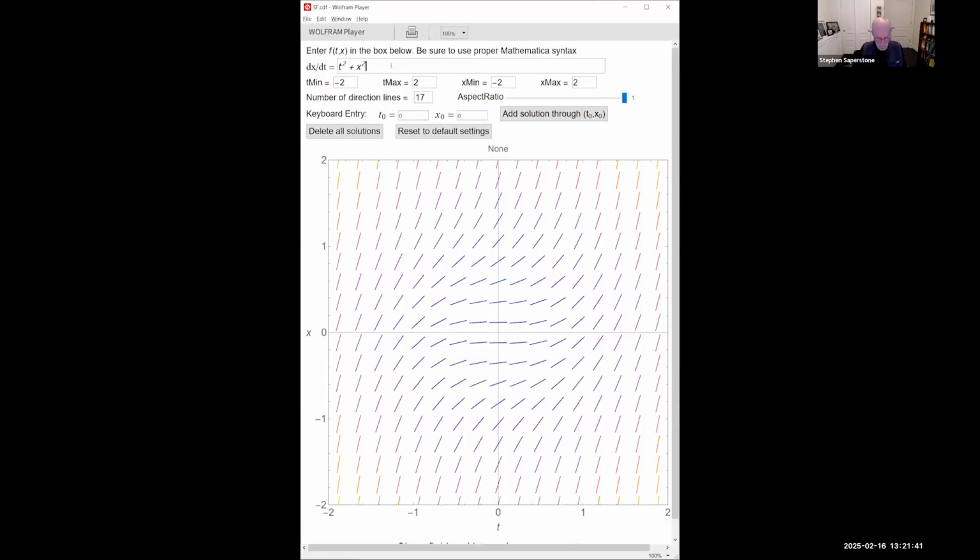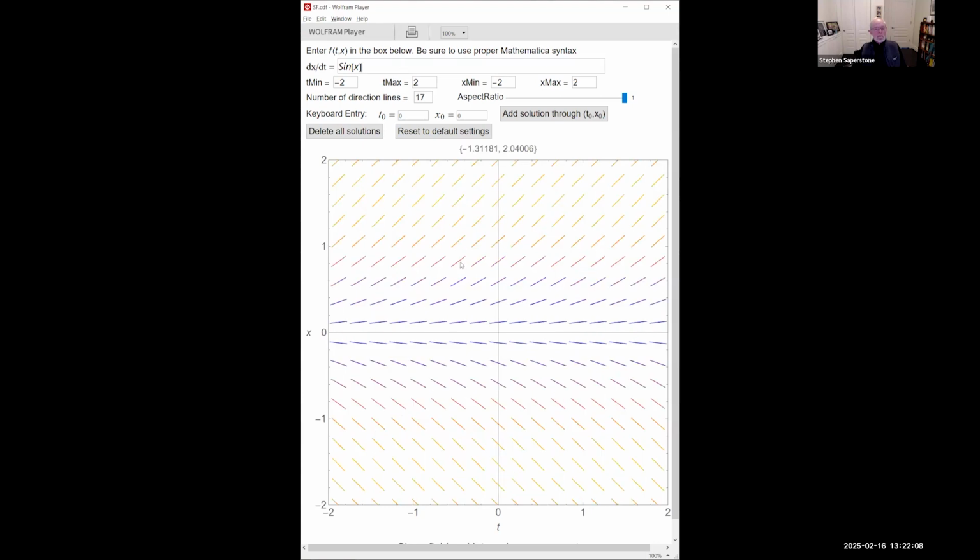If I wanted to just put in sine x, you have to use square brackets, you have to use the capital S in Sine. Those are mathematical requirements. And so here's what you get when you do this one. If I were to change it a little bit, put in sine of tx, I have to leave a space and put an asterisk for multiplication.